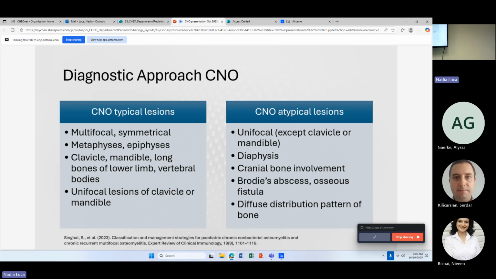Cranial bone as well. And specific findings like Brodie's abscess or osseous fistulas would not be typical in CNO. And then the diffuse distribution pattern of bone, I didn't quite understand, but I think it's referring to patients with bony mets, who just have little signals everywhere. They're not more focal.